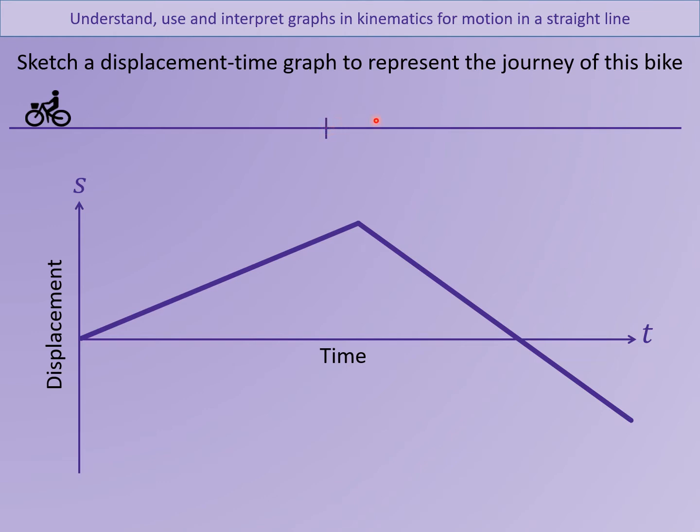So when the cyclist was to the right of the initial starting point, we had a positive displacement. It then travelled back again. When it returned to the starting point, this is where the displacement was zero. And then as the cyclist continued to move, we then got a negative displacement to show that they were travelling to the left of the starting point.